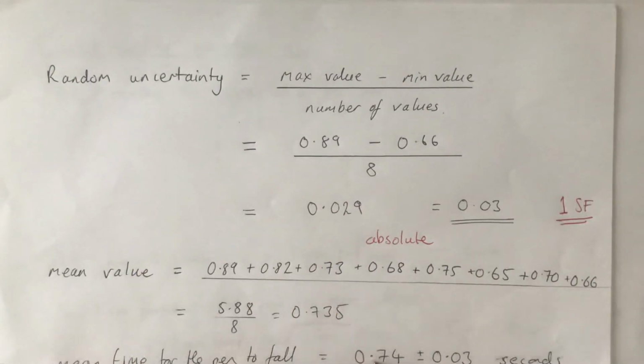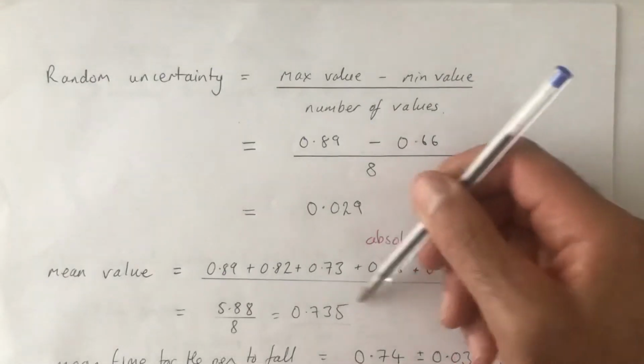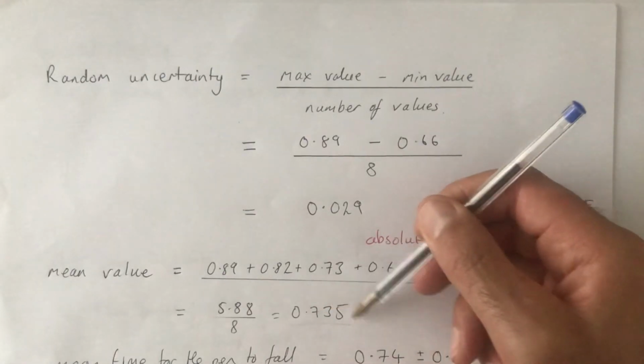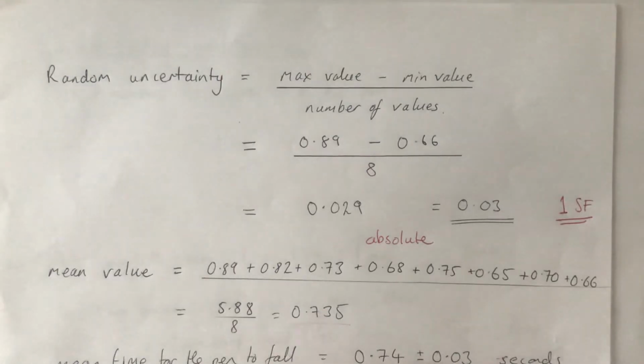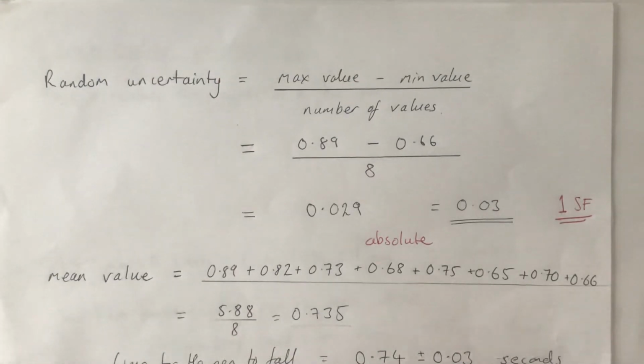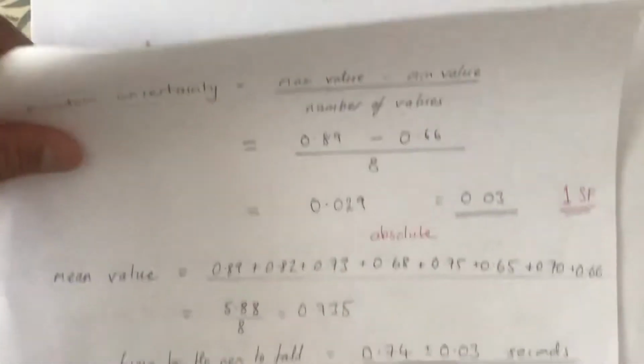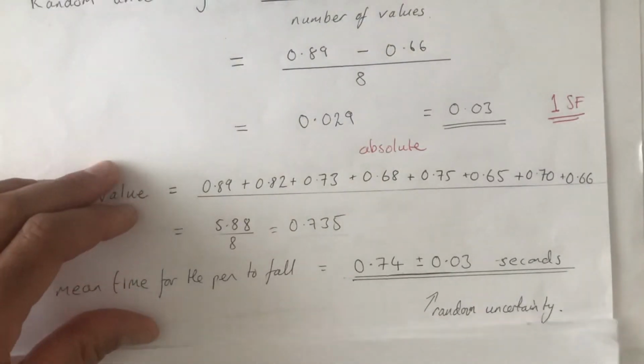So I've rounded this to two significant figures, and I've got that as one significant figure. Now you can see, if I think it's going to take 0.74 seconds plus or minus 0.03 seconds to fall, there's not much point me giving this next decimal place, saying I should do this as 0.735, because I actually don't know, within the uncertainty.